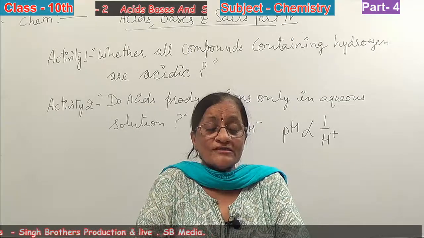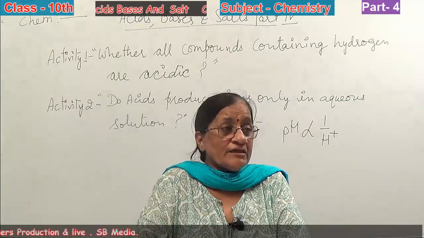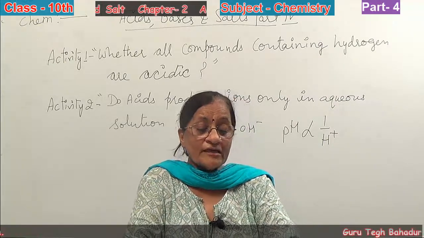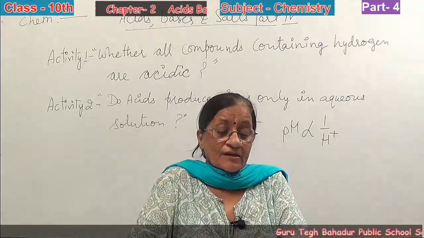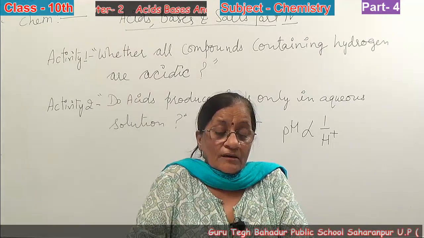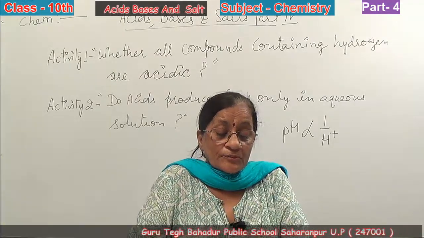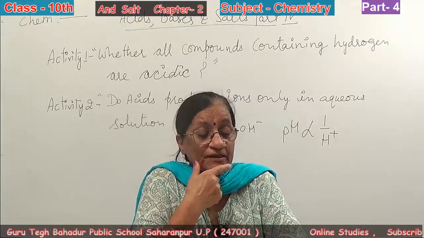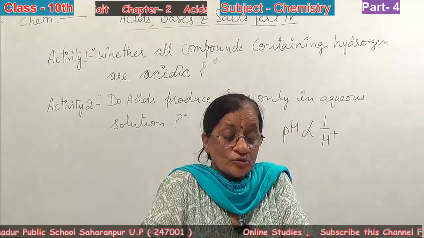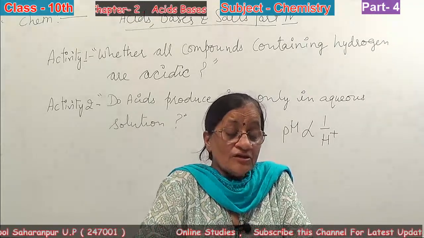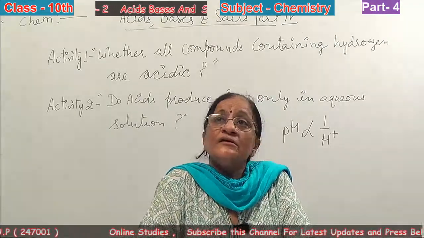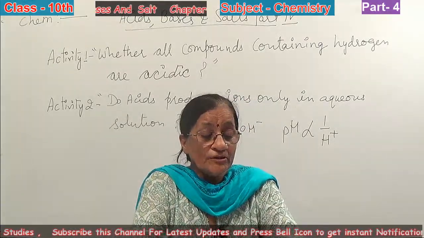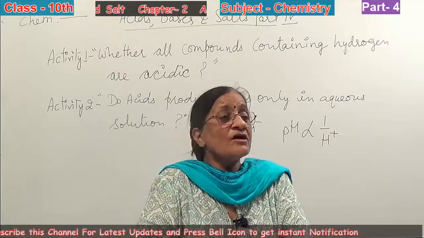So, when soil is more acidic, it is made basic by adding quicklime, slaked lime, or chalk, etc. Plants also grow well when the pH of the soil is near 7. So, plants need soil which is neither acidic nor basic for their proper growth. So, that is all for today.